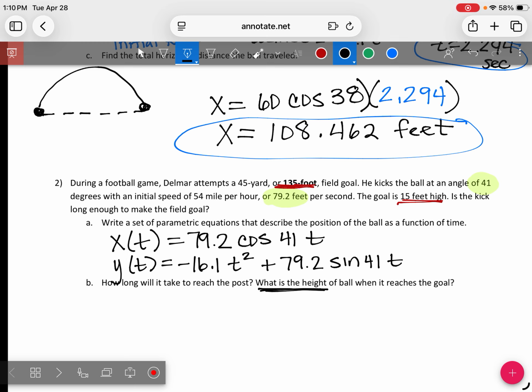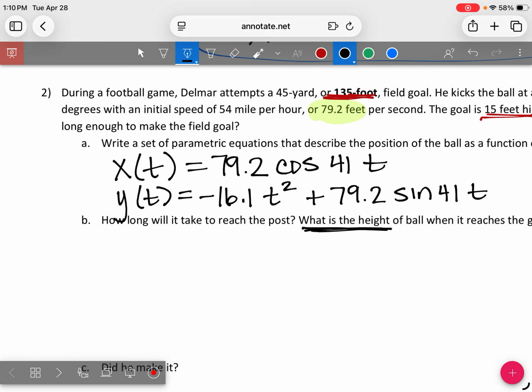All right, so I can't use my vertical one because I don't care when it hits the ground. I want to know how high it is when it hits the goal. So do we know how far away he is? How many feet is he from the goal? So we have our horizontal distance, so we can use our x parameter. So I want you to substitute in 135 right here.